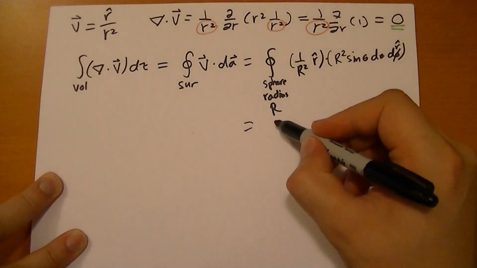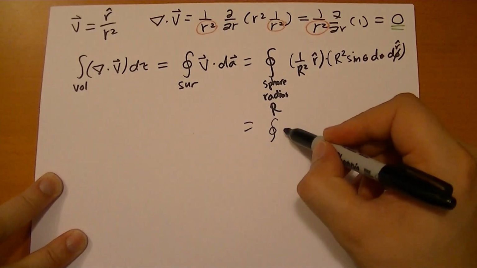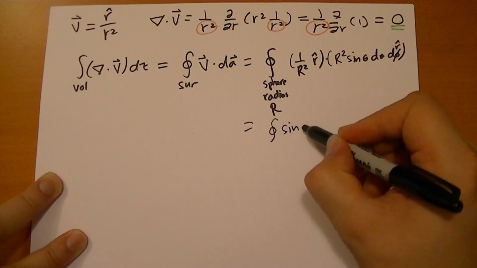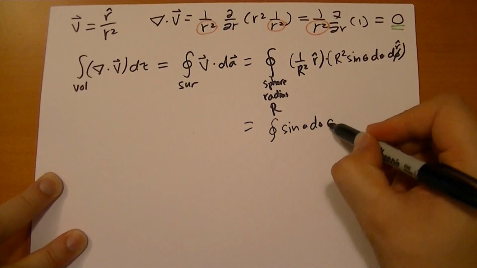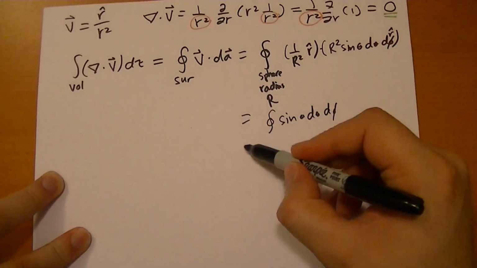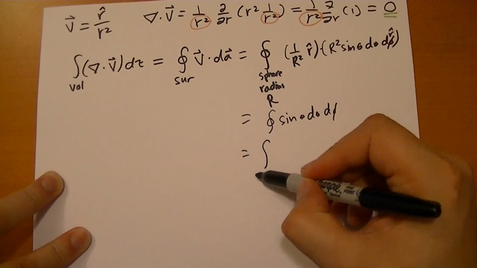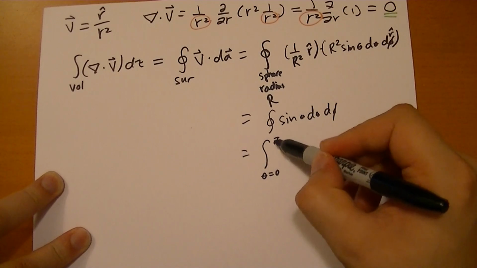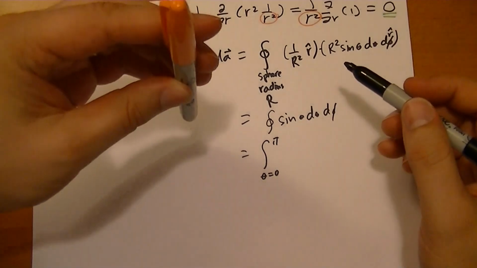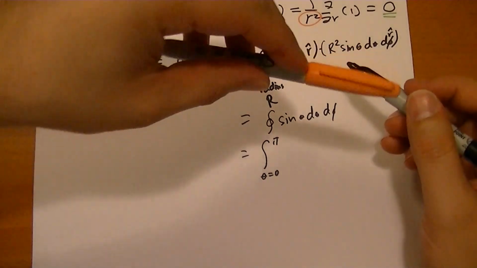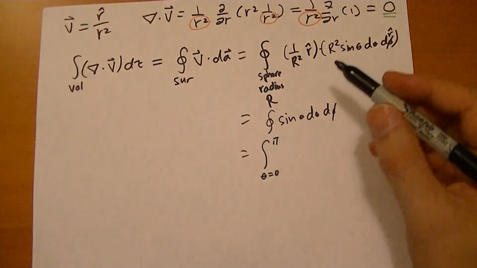The r squared components cancel, so we get the integral of sine theta d theta d phi. And breaking that apart, we're going to go from theta equals 0 to pi, right? Because if you start pointing straight up, that's theta of 0, and as you point all the way down 180 degrees, that's theta of pi.